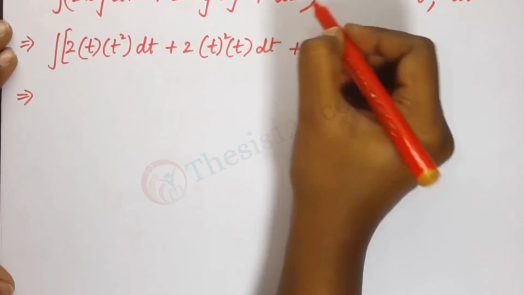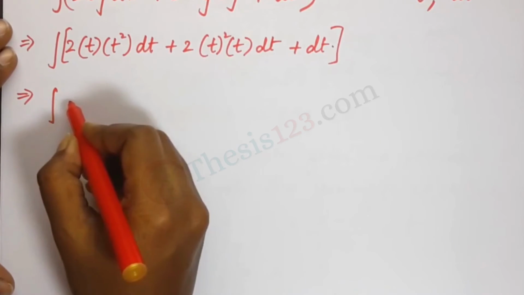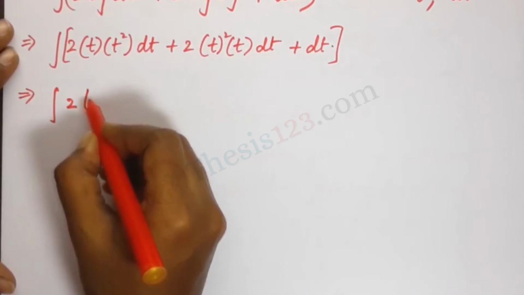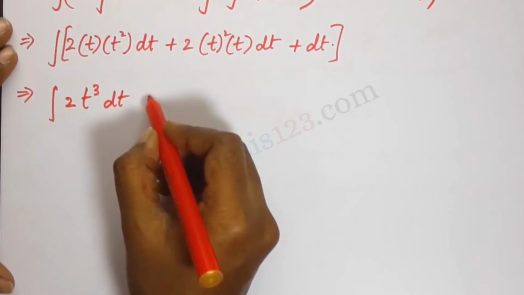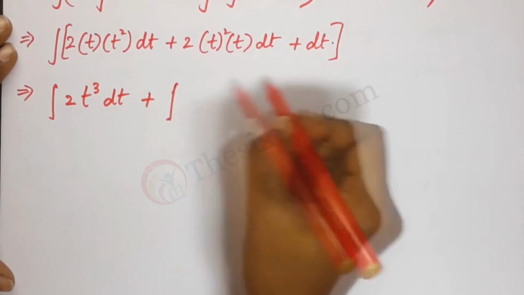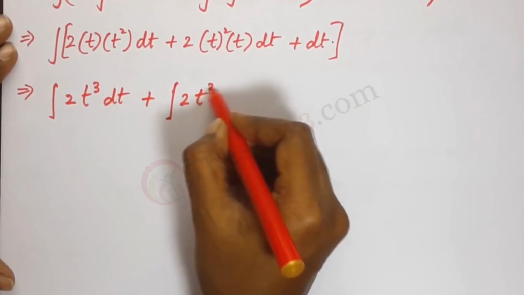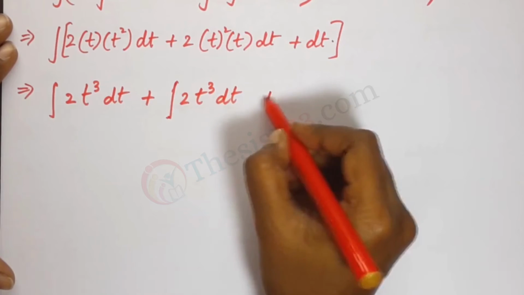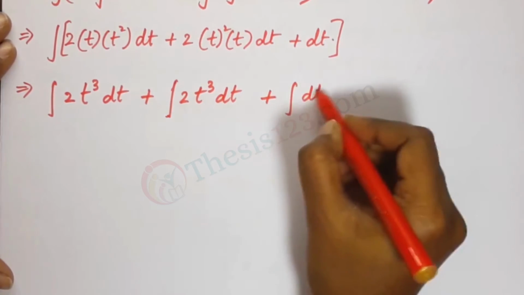Alright, next step, let's simplify this further. We get 2t³ dt. I'm going to split it, so I'm applying the integral for each term: 2t³ dt plus integral dt.